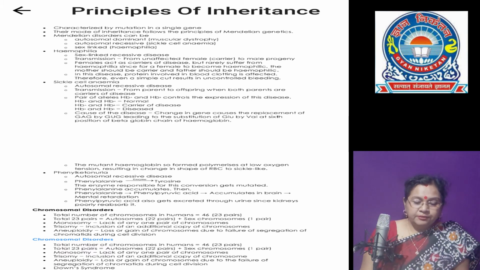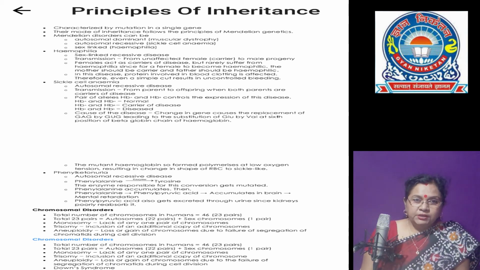In beta thalassemia, production of the beta globin chain is affected. It also occurs due to mutation of both or one of the HBB genes on chromosome 11.